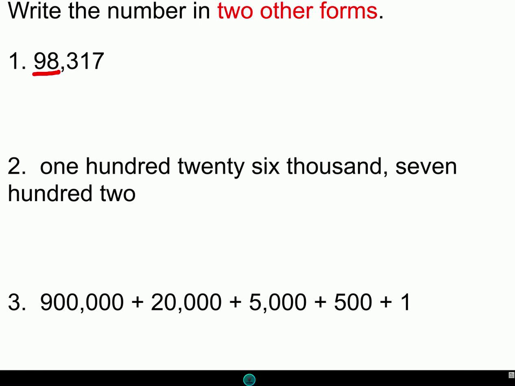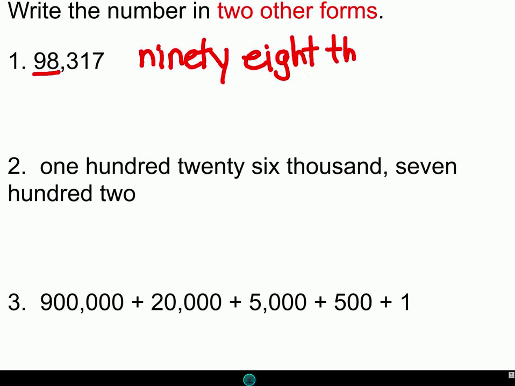98,000, right? So I'm just going to write that. I'm going to chunk it. So 98,000, comma. Now I read the rest of the number. 317.